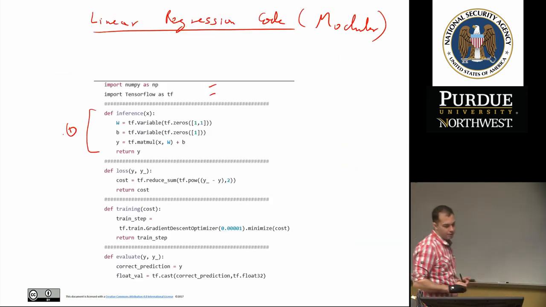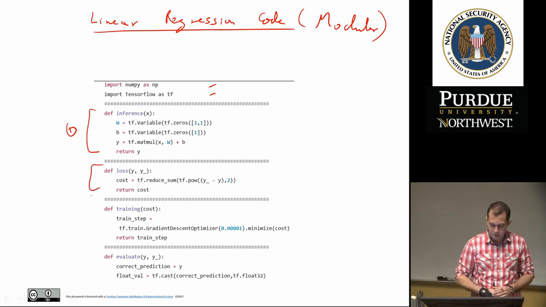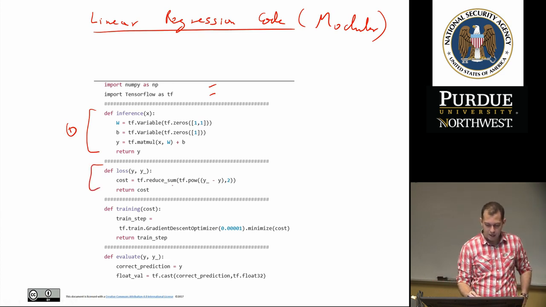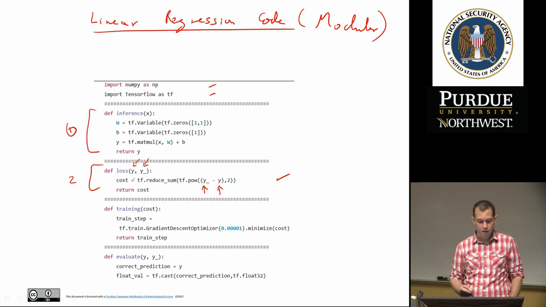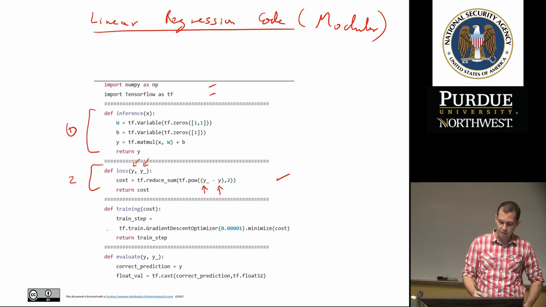Then for the second one, we just had the TF reduce and TF power, that's the least squared error. This is one line of code, and that's all we need, but we can define a function called define loss. Remember that this takes the real values plus the predicted values, and those values are passed into the function over here, but otherwise nothing else has changed.